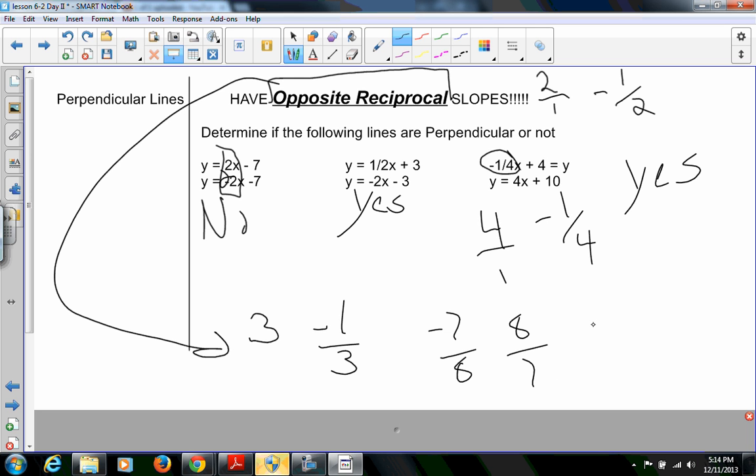If I had a slope of 3/4, the opposite reciprocal of that would be negative 4/3. I think that's good enough to get this idea of opposite reciprocal. And we are looking closely at the slopes in determining if these lines are perpendicular. If you see opposite reciprocal slopes, that means the lines are perpendicular.